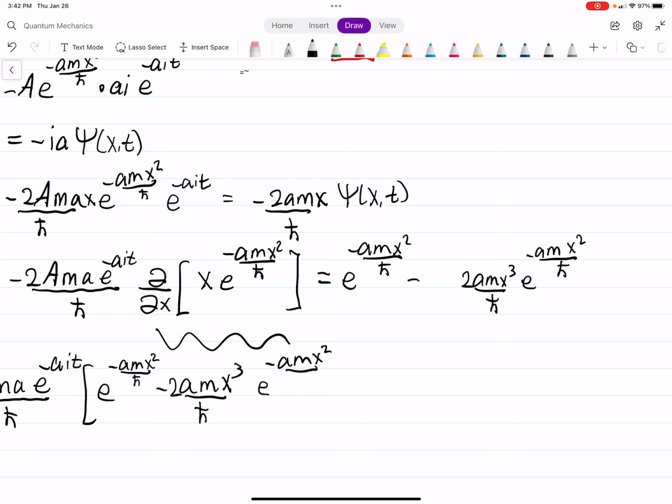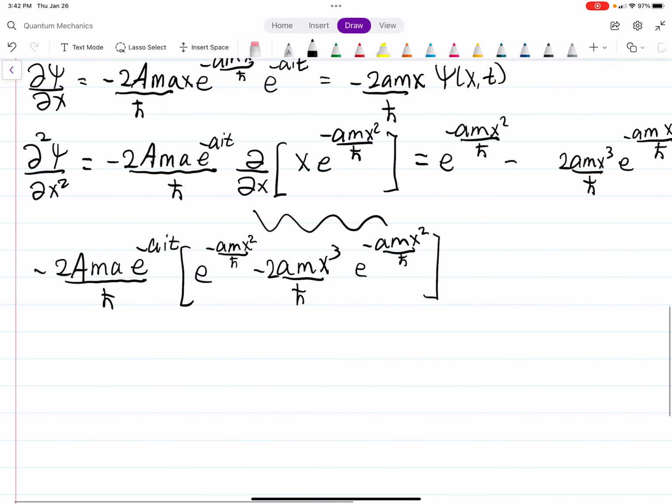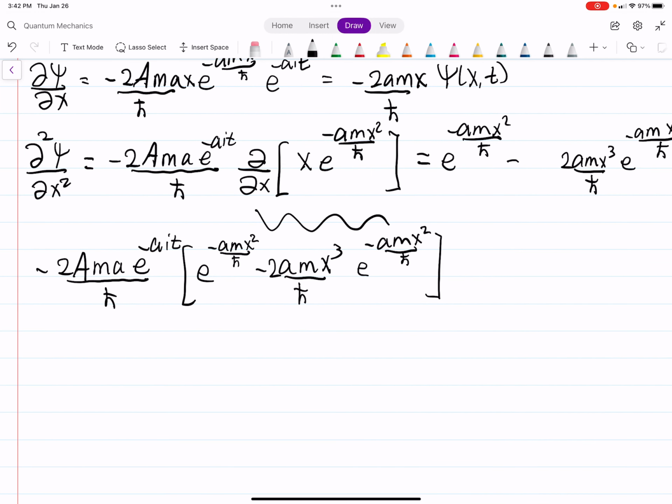So just writing everything out here. Okay, so we have all of this. And let's see if there's any way we could maybe rewrite this.